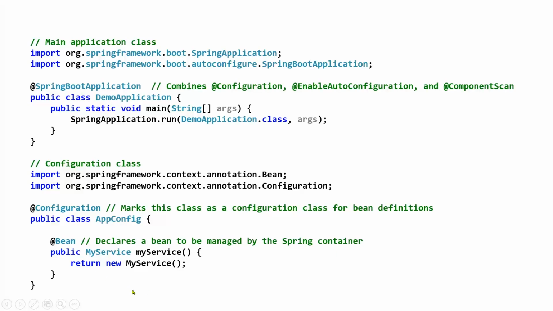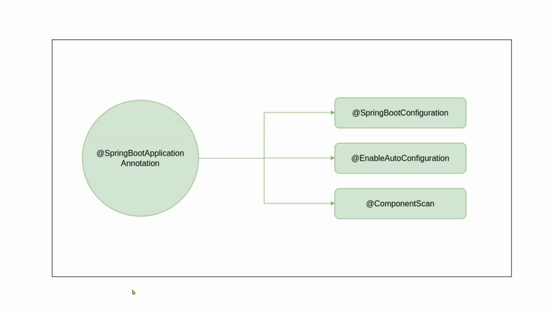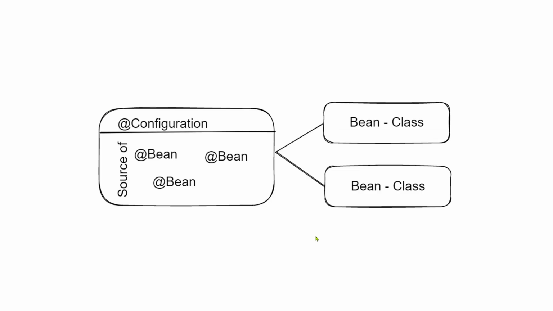And component, we have already discussed, is a generic stereotype for Spring managed components. By annotating any class with @Component, you are defining that the class is managed by the Spring container.